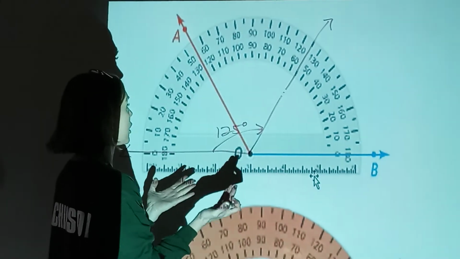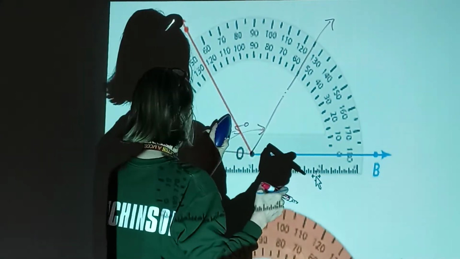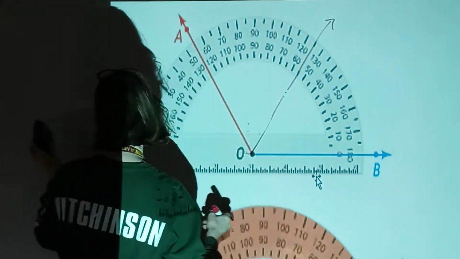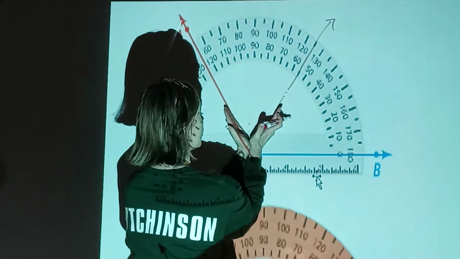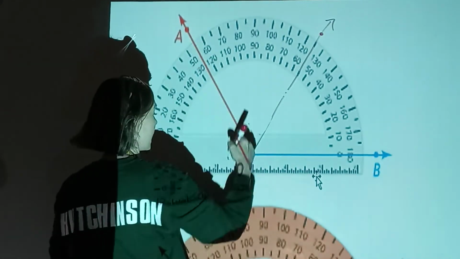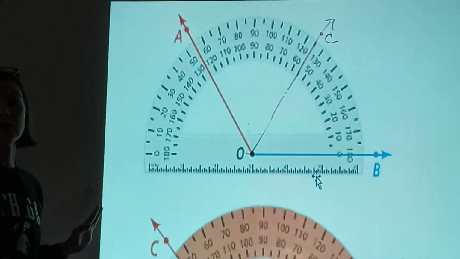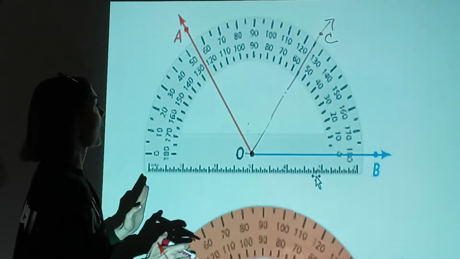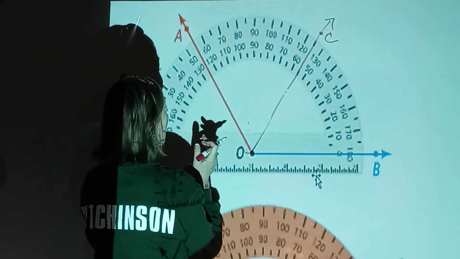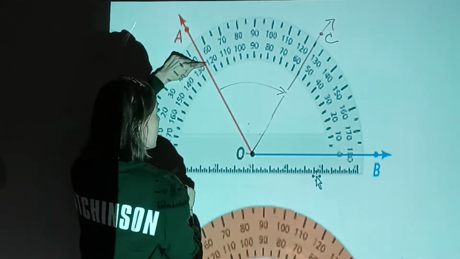Now, if I wanted to know the measure of the angle, let's just erase this. What if I wanted to know just the measure of this angle only? So let me name it AOC, okay? What if I just wanted to know the measure of angle AOC? How would I find the measure of this angle? Well, you could take 125 right here, right? So from here to here is what we're talking about.